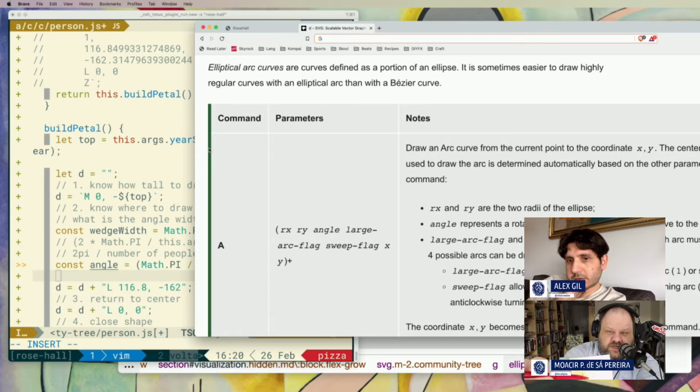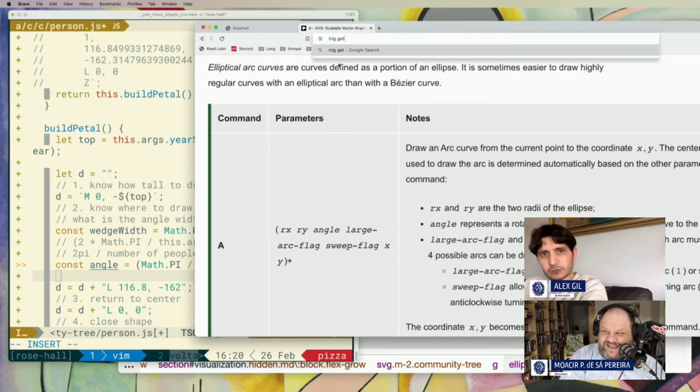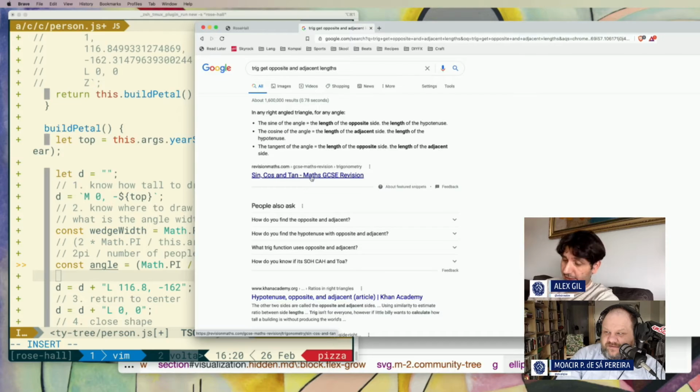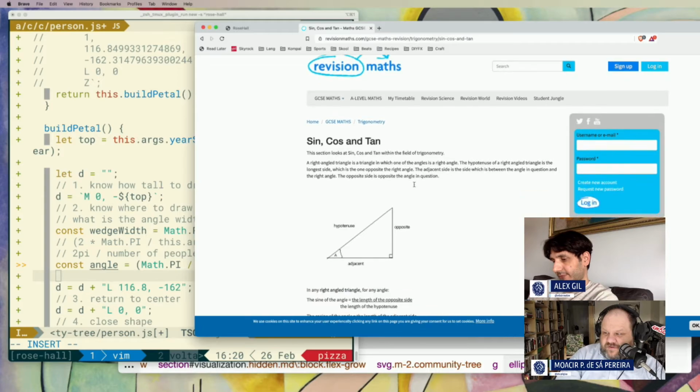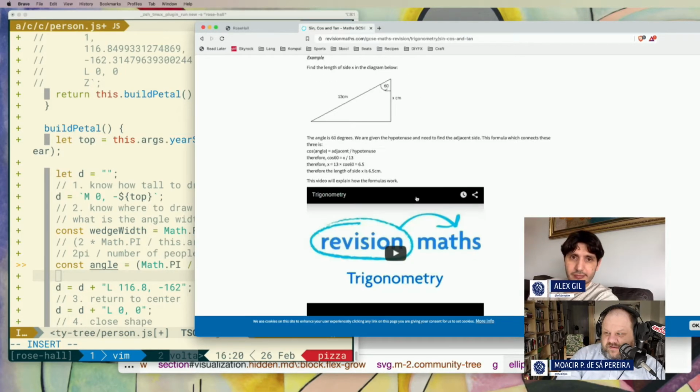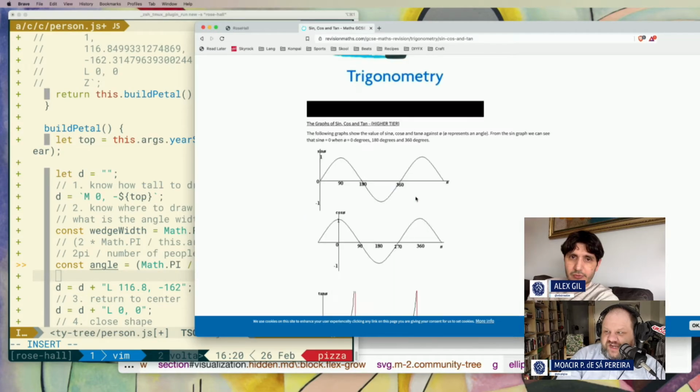All right, so now let's do trig. Let's get the opposite angle. All right, so when we have the hypotenuse, no, but what do we do if we just have the angles?